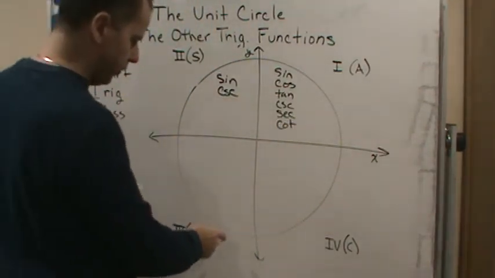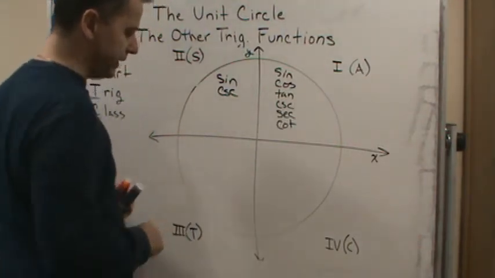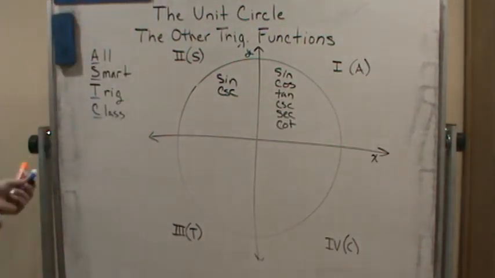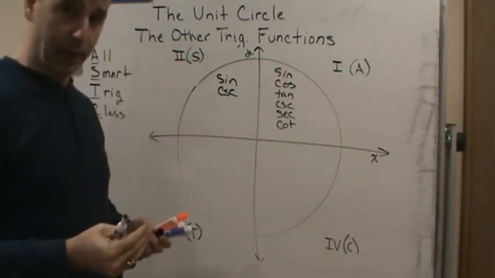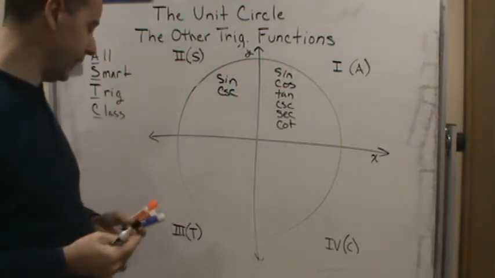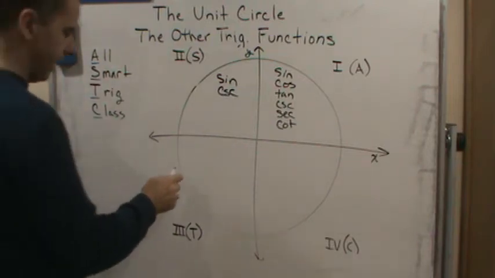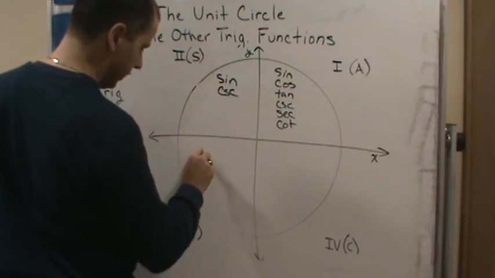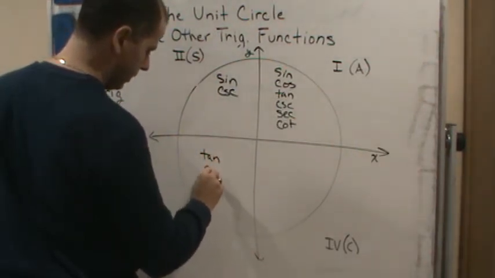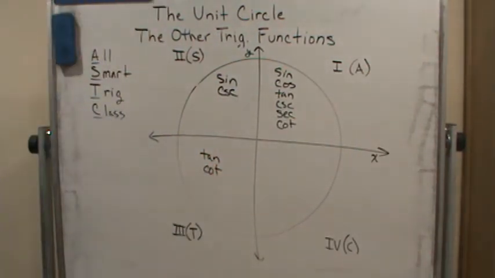In the third quadrant, notice that X and Y are both negative. So which ones are going to be positive? Well, only the ones that have a ratio where both the top and the bottom are positive, or both of them are negative. Well, which ones are going to be that? Well, that's going to be tangent and cotangent. Okay, so tangent and cotangent are both positive.